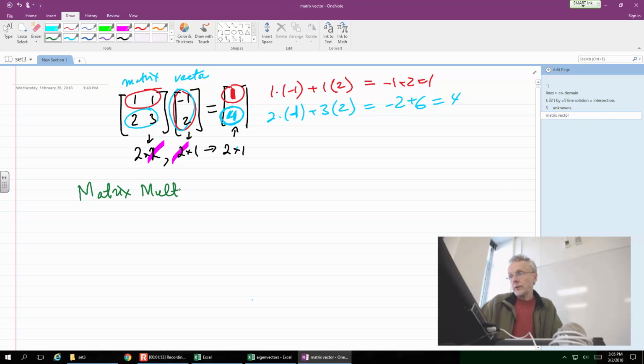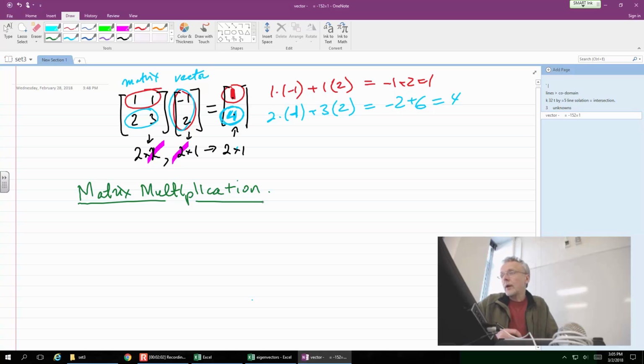Matrix multiplication in the most general sense. So even though we cannot visualize dimensions higher than 3, we cannot stop there. So we're going to look at matrices in the most general way.